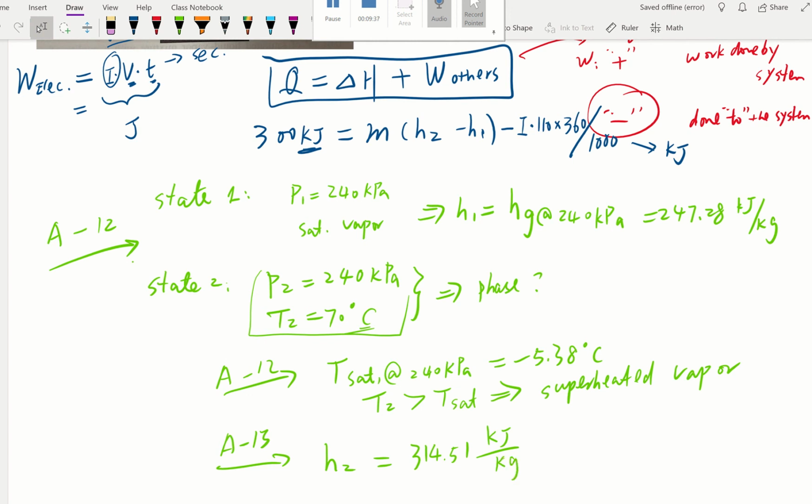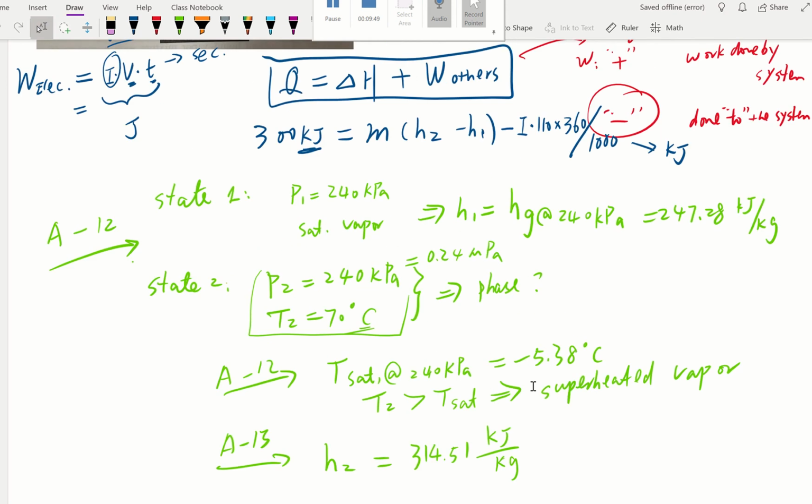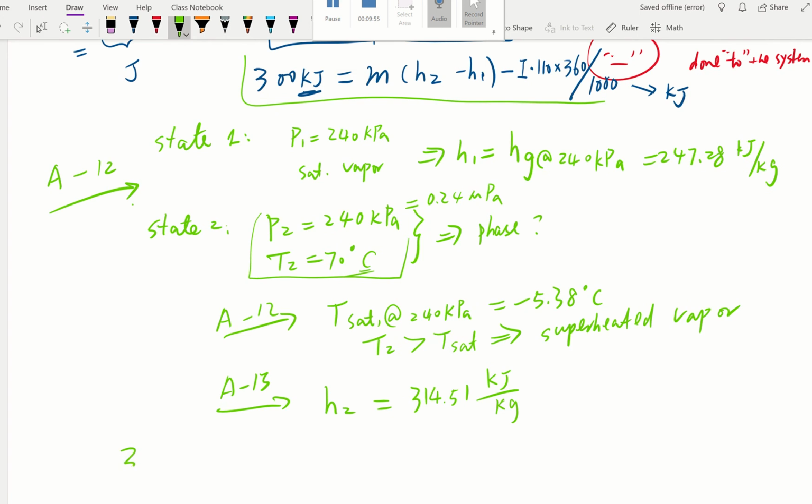So we found our superheated table, and with this 0.24 megapascal and 70 degrees, we found our H2. So knowing those two now, we can go back to this governing equation here. So let's write it down. The heat transfer is 300 kilojoule. It's going to be our mass.